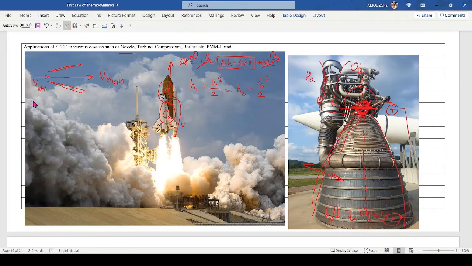Now the continuity equation. Continuity equation: mass flow rate equals cross sectional area times velocity upon specific volume. At location 2, the same quantities: area, velocity and specific volume at 2.